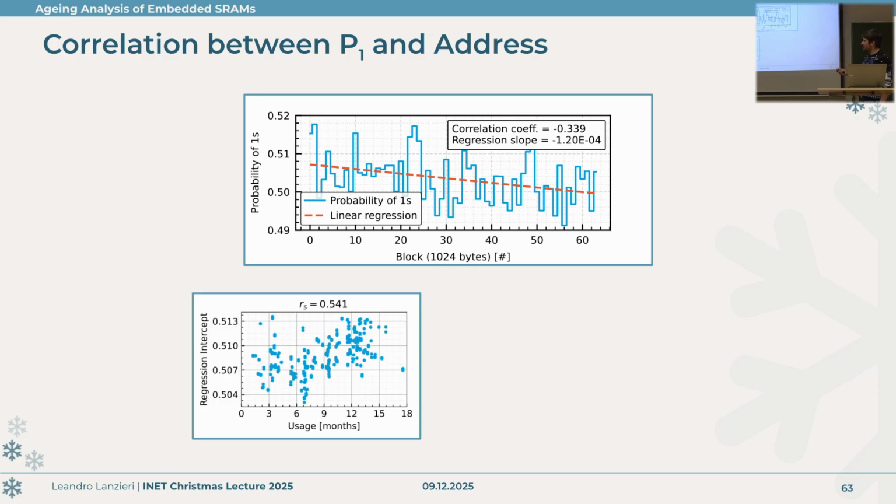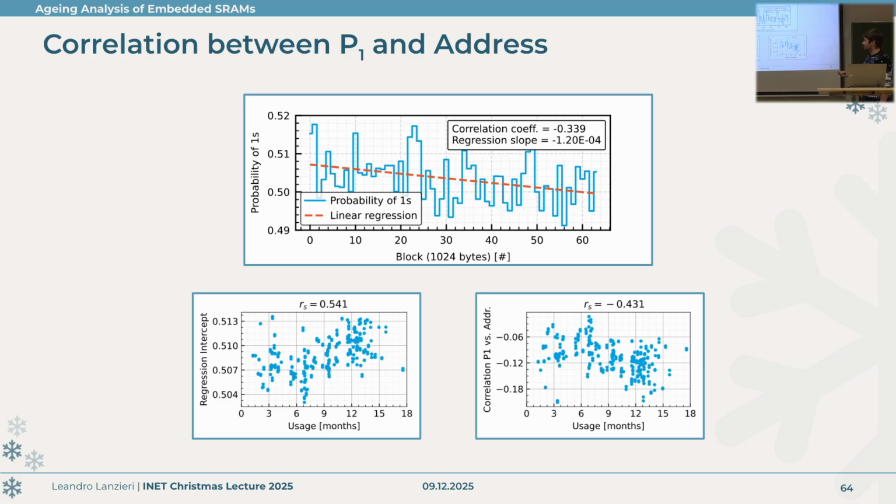If we look, for instance, at the intercept of the linear regression, or at the correlation between the probability of 1 and the address, we can see that in this case, the intercept tends to be higher as the usage passes. That means that this line gets steeper towards down, and also that this correlation gets higher as devices are used.